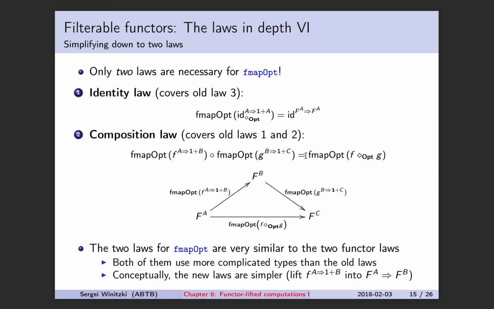And it turns out that fmap opt only has two laws, and these two laws are strikingly similar to functor laws. They're identity law and composition law, just like lifting, except for the signature, which is A to 1 plus B instead of A to B.